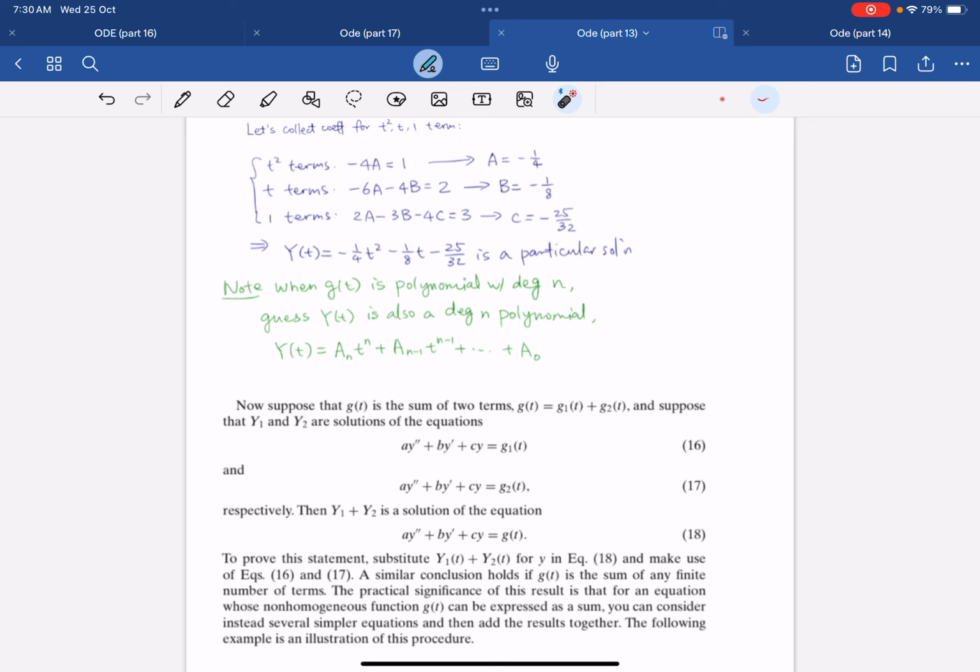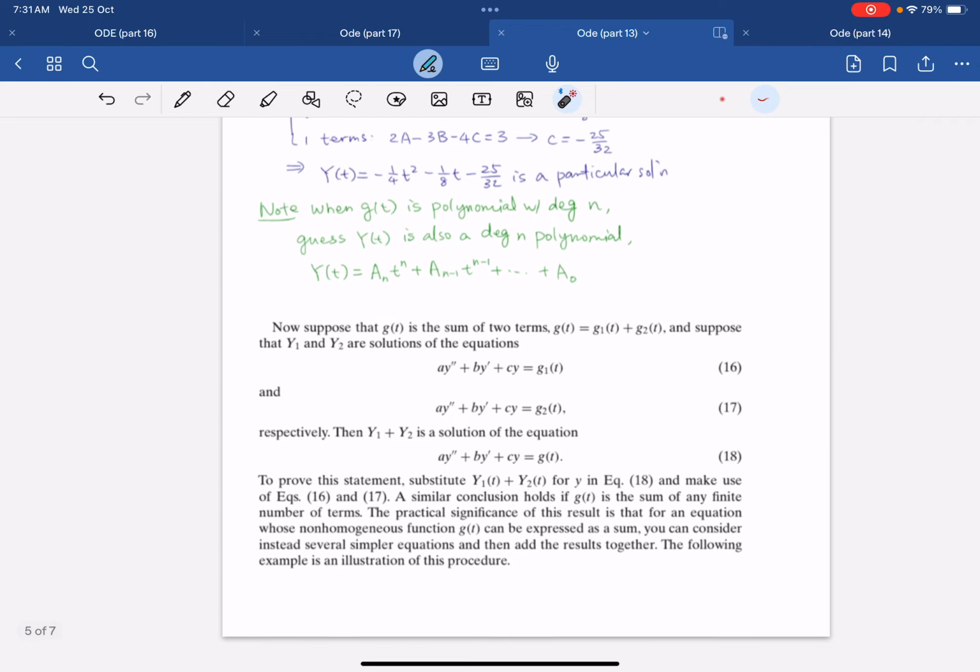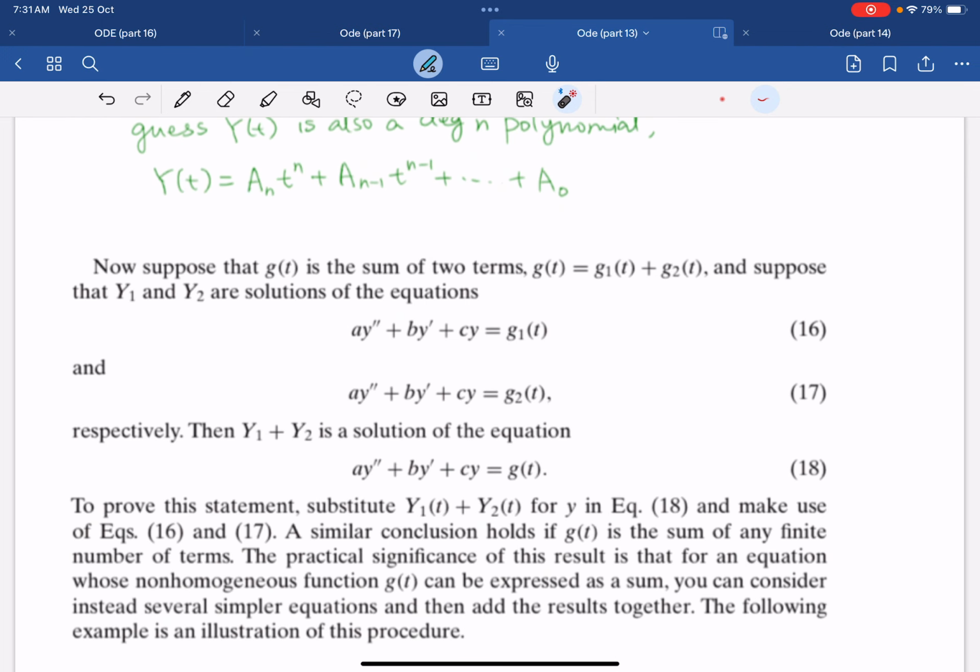And suppose now that g(t) is the sum of two terms, g1 and g2. Then the solution will be y1 plus y2, where y1 is the solution to this g1 and y2 is the solution to this g2. We can easily prove that by adding y1 and y2 together, it will be a solution for g(t).